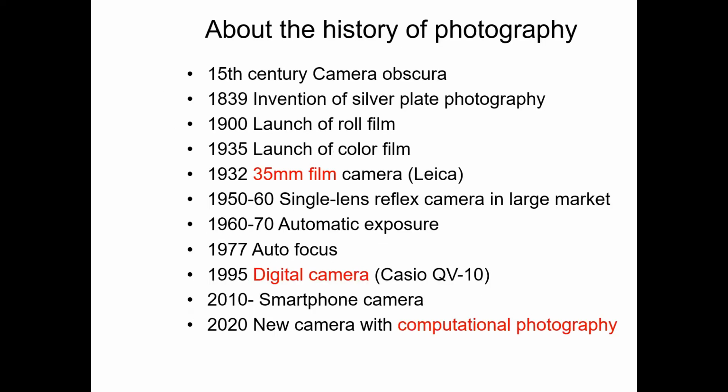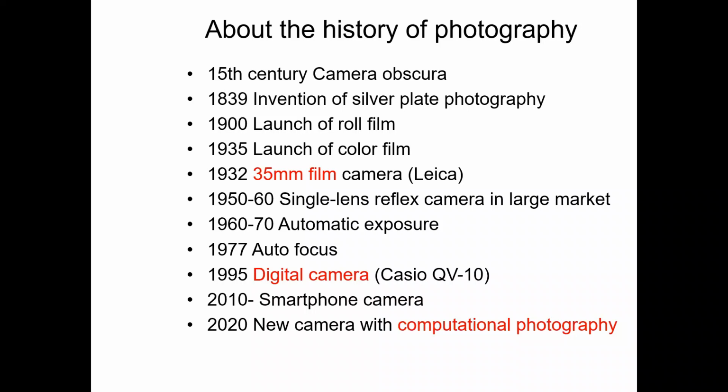Okay. So this is a very rough history of photography. As I explained in the last slide, in the 15th century, the first camera was invented, called camera obscura. Then in 1839, the first film camera was invented.